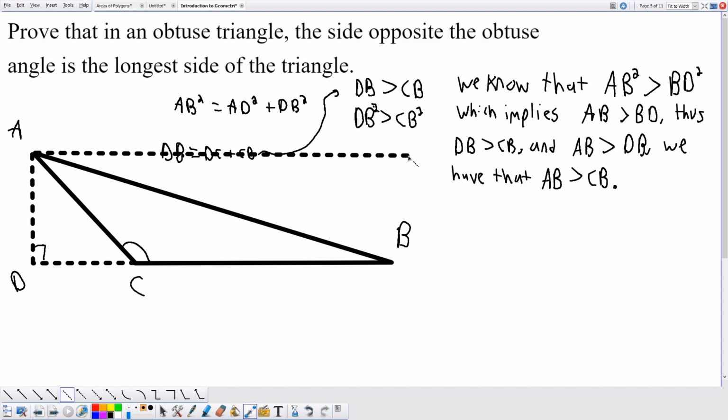I would draw the perpendicular from A. Would that work? Not really.